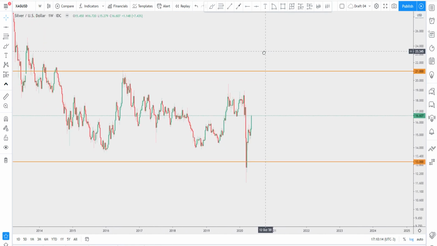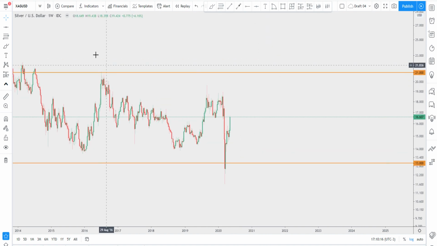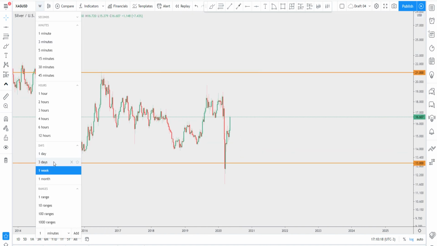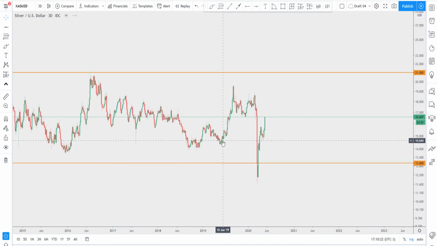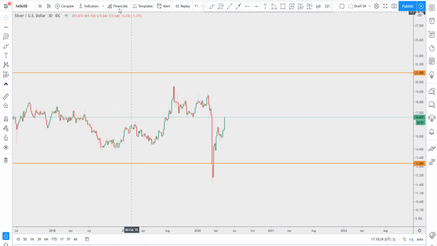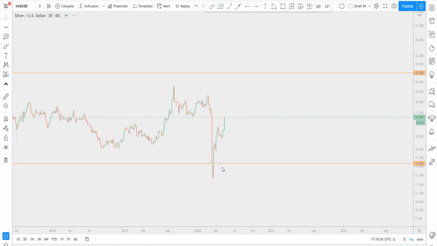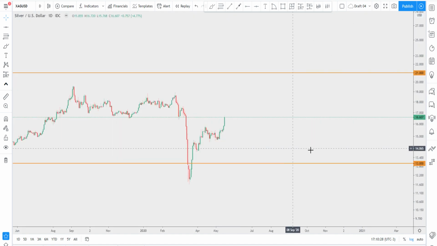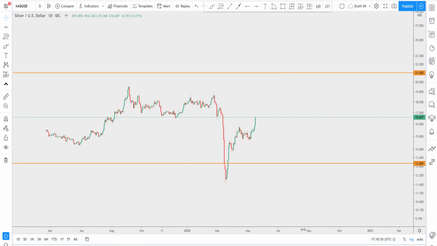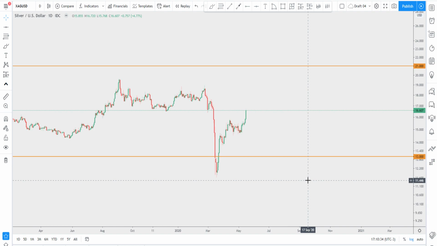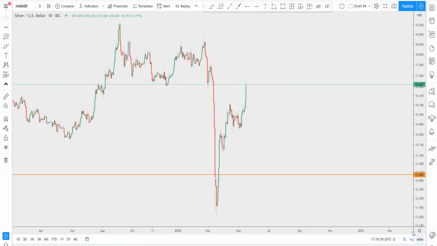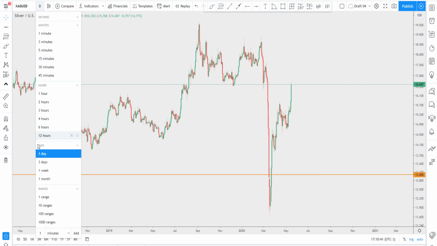So let's take a look at the 3 days. Not much to see here. So we know silver is not so strong compared with gold. Gold is way ahead, just for you guys to have an idea.